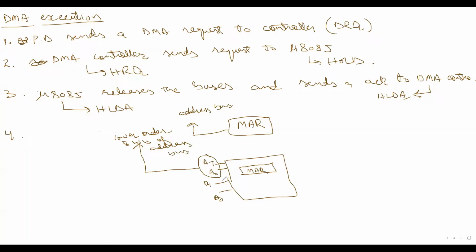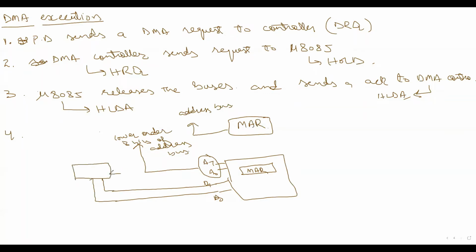Now the higher order 8 bits in the MAR register are placed on the data bus through these 8 data pins. Since it has dual operation, it will go to a latch.